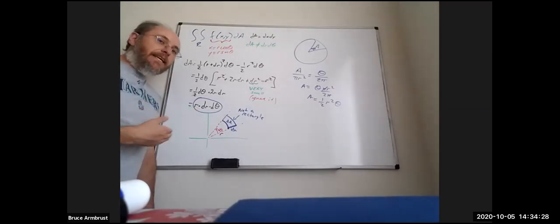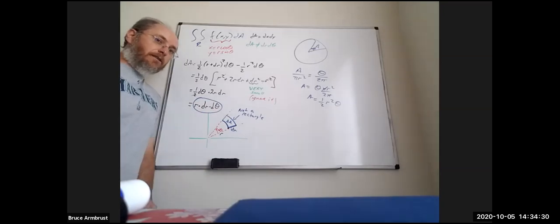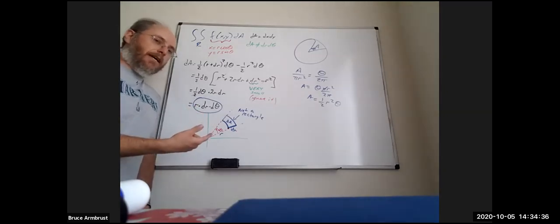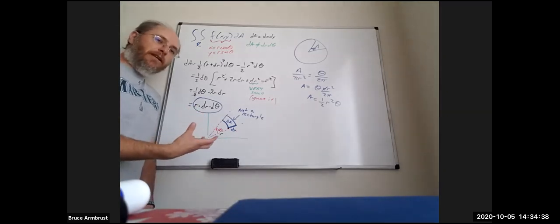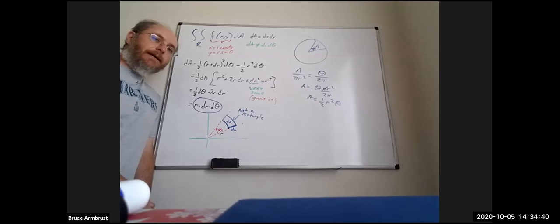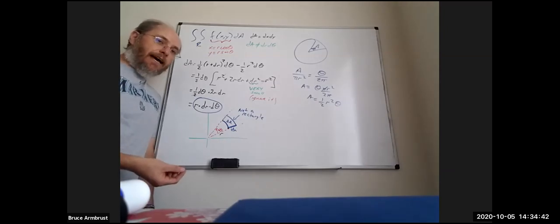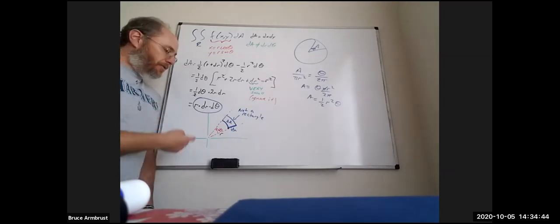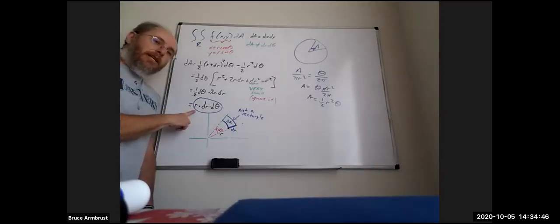And what we're going to see as we continue in this discussion of multivariable and multiple integrals is that we do this kind of trick all the time where we change our viewpoint into another coordinate system. And every time you do that, you introduce the possibility of having to put in something here.